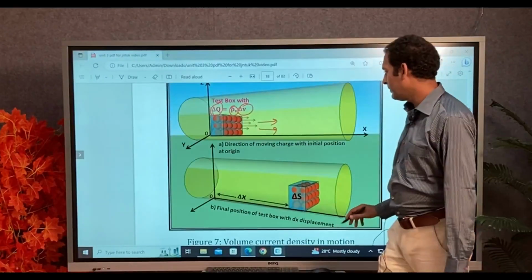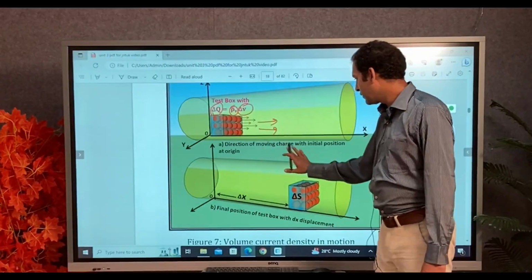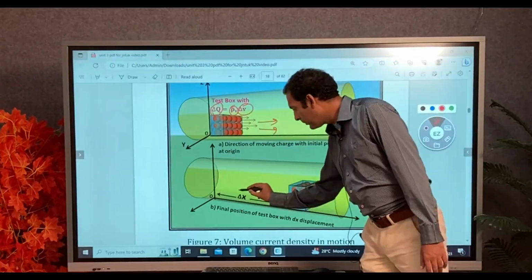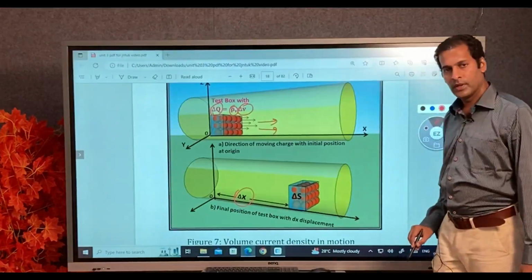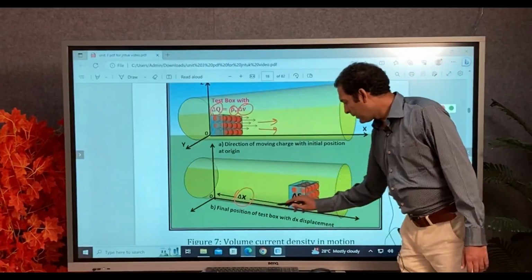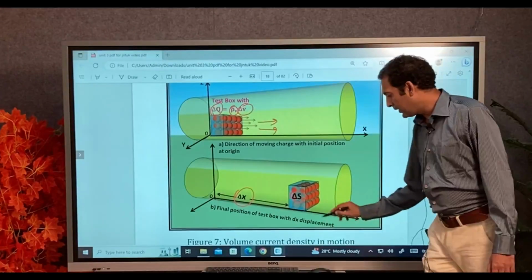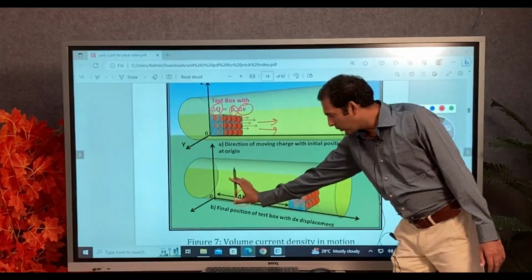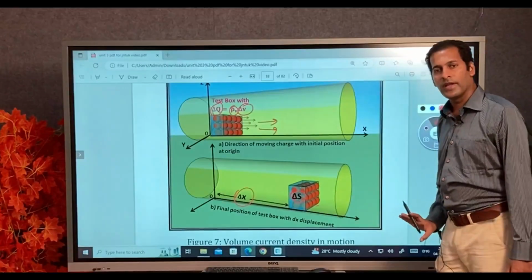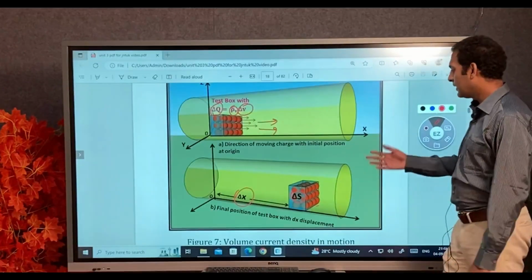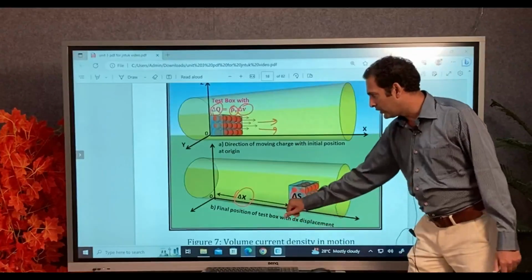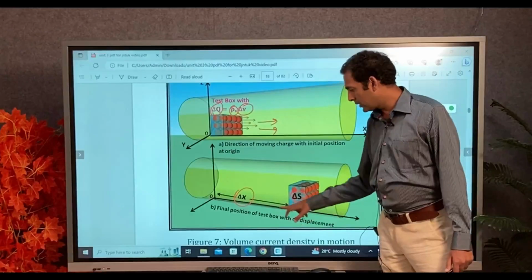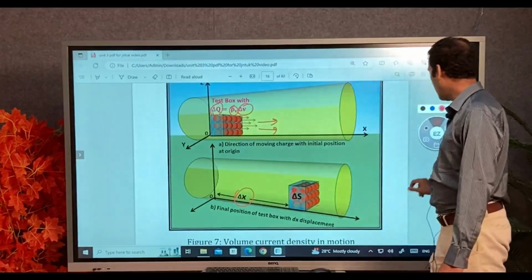So after some time, in the direction of the moving charges from some initial position, there will be some displacement, say dx. After some distance, this is our differential surface, there will be a differential length. Now the test volume has moved to the next level, right? So now mathematically we have to include the new final position: the initial position at the start, and the final position after some distance delta x.